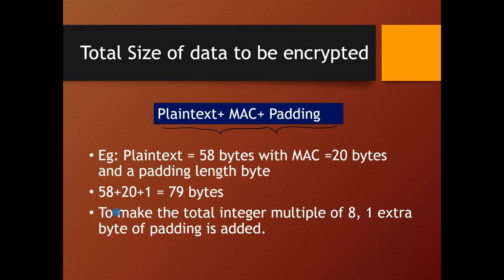So for that purpose I have added 1 extra byte of padding to make it an integer multiple of 8. So now the total will become 79 plus 1, which is equal to 80. So this is one example of how we compute the total size of the data to be encrypted in the case of block encryption.